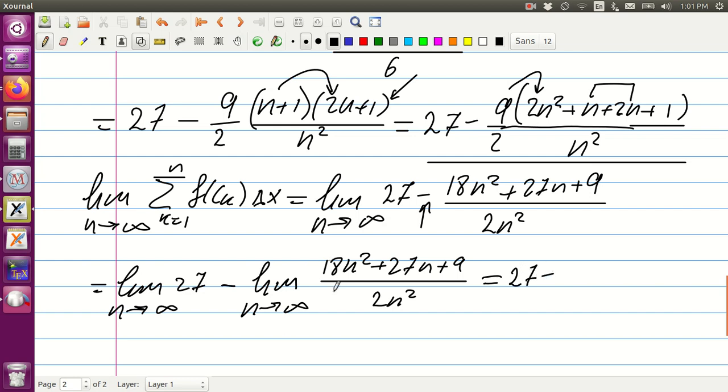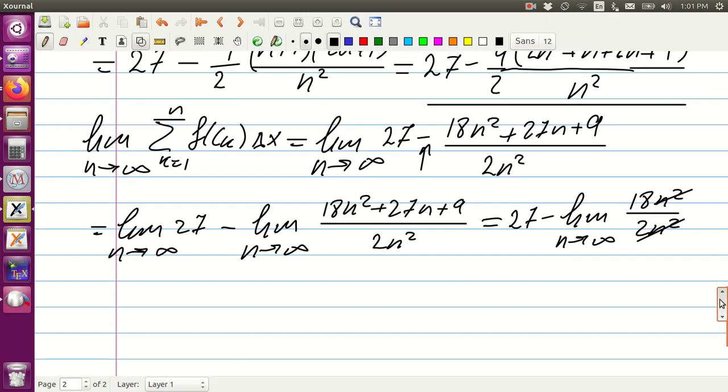And here we can use the ratio of leading terms. So it's going to be limit n goes to infinity 18n squared over 2n squared. n squared and n squared goes away. 18 and 2 gives us 9. So finally we have 27 minus 9, which is 18. And that's our answer for this problem.